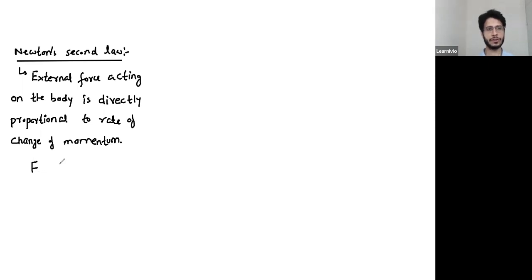So see, what is rate of change of momentum? Let at time t1, the momentum of the body be p1.